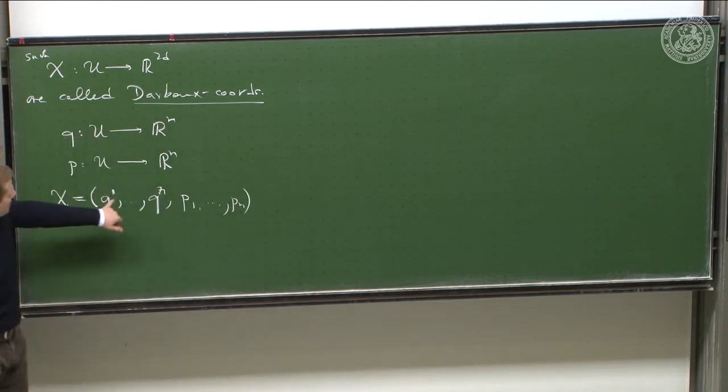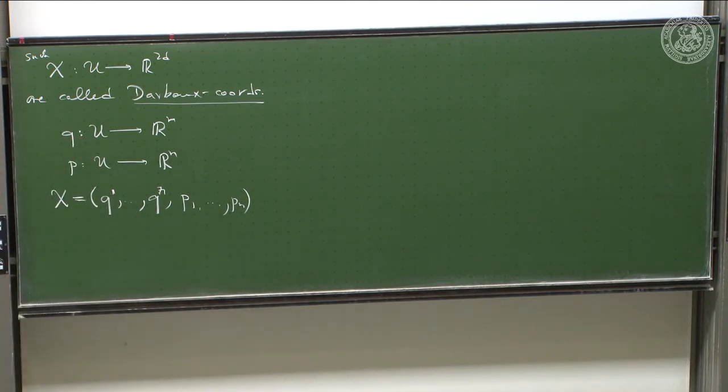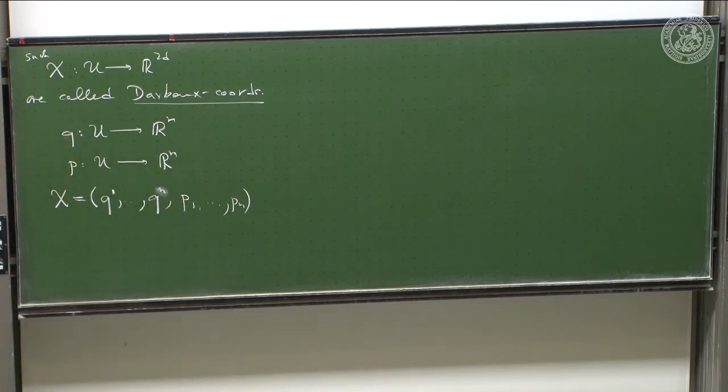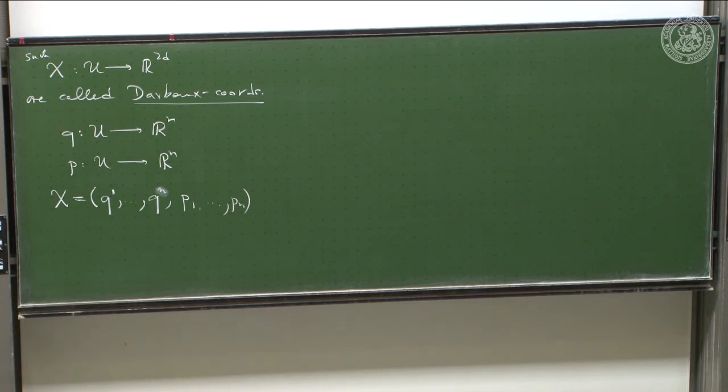Okay, and we agree to label those up and those down, and this is just a convention, but by now you have a feeling for why we would like to do that. So the usual QP split has to do with having these Darboux coordinates. This is just a name for these 2 different parts of the coordinates, right?